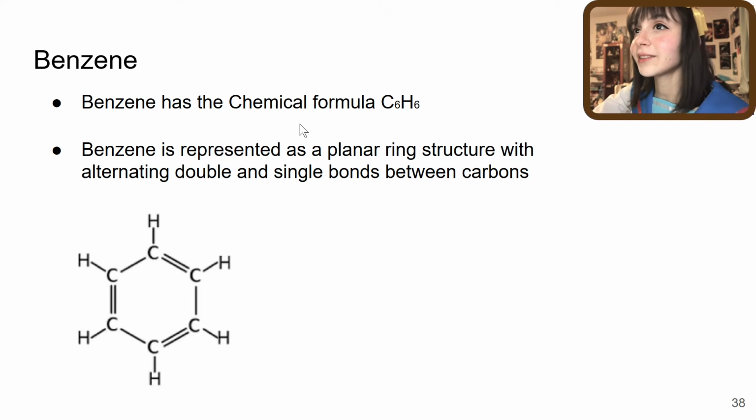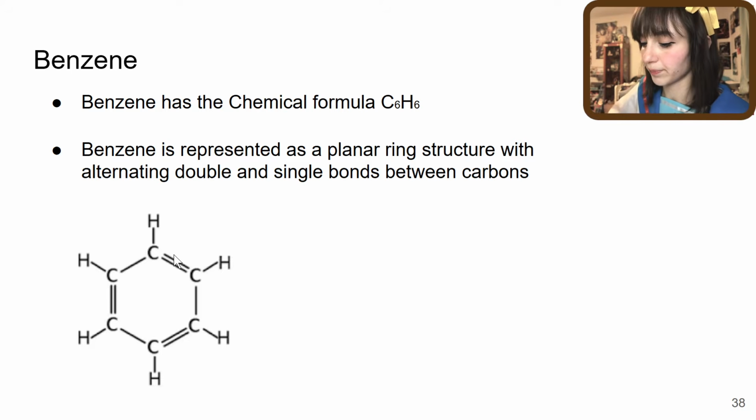Benzene has the chemical formula C6H6, meaning there are 6 carbon atoms and 6 hydrogen atoms. Benzene is typically represented as a planar ring structure with alternating single bonds and double bonds. Double bonds in chemistry are denoted with 2 lines, and single bonds with a single line.